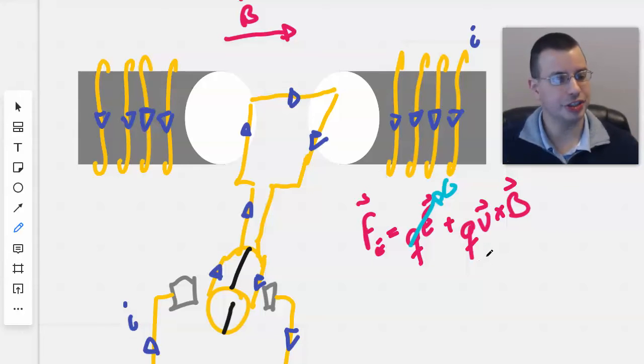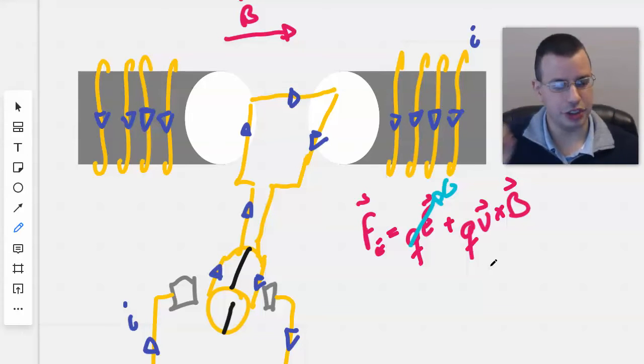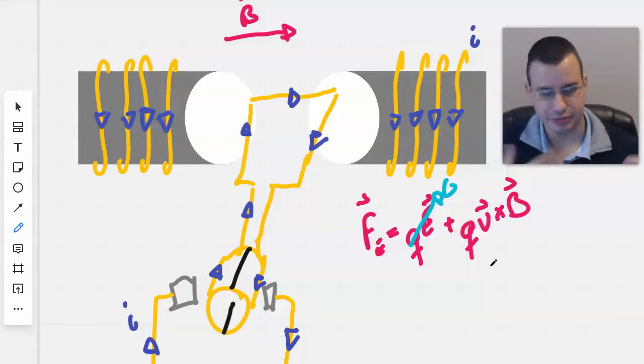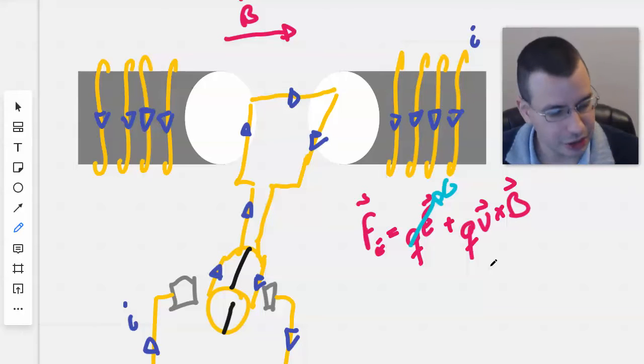But what we're concerned about is the QV cross B. One of the definitions of charge, or of current, is that it's positive charges moving in the positive direction. We know it's really negative charges moving in a negative direction. That's okay.